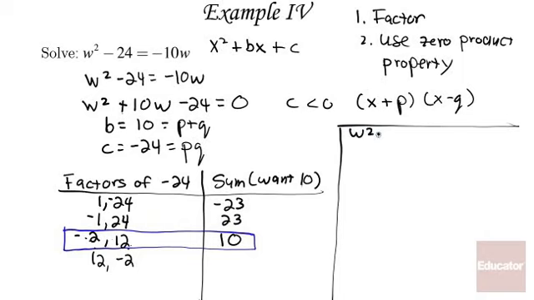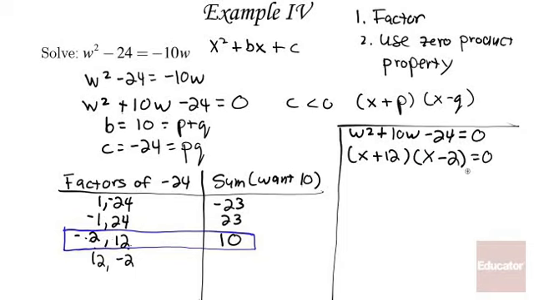W squared plus 10W minus 24 equals 0. I can factor that, and I'm going to have x plus p, so x plus 12 times x minus 2. This is my p and q, equals 0.